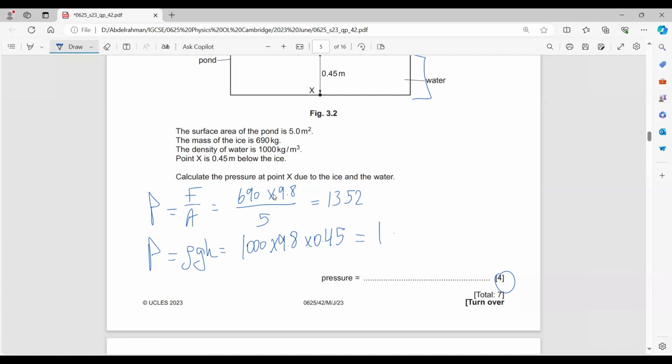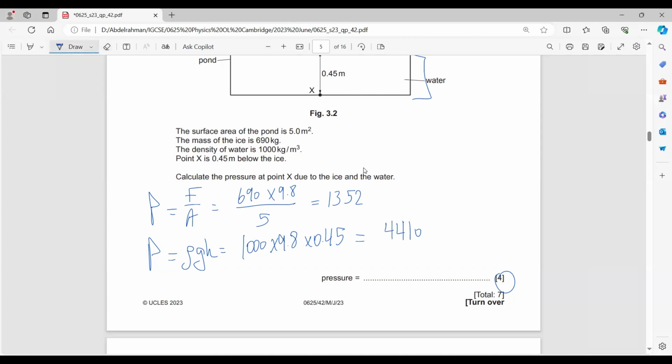Do we have to include the 0.4? No, it's not needed. Okay. I did not hear the answer. I got 4,410. Okay.